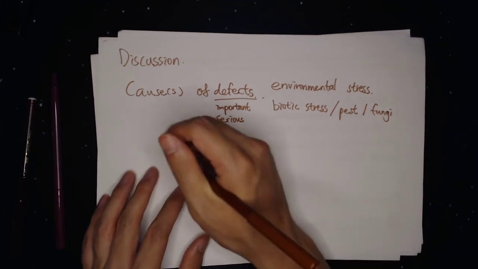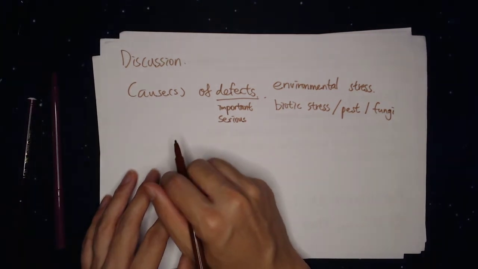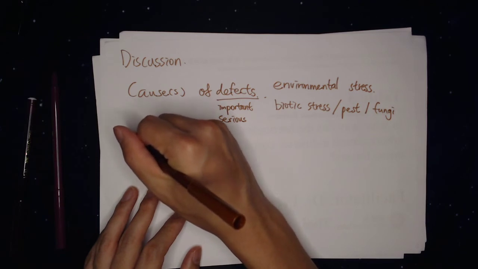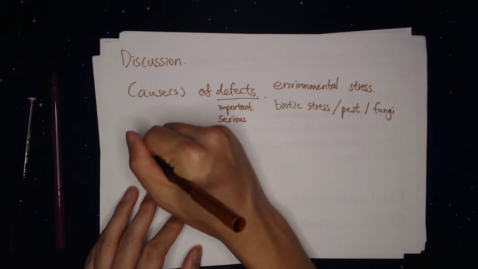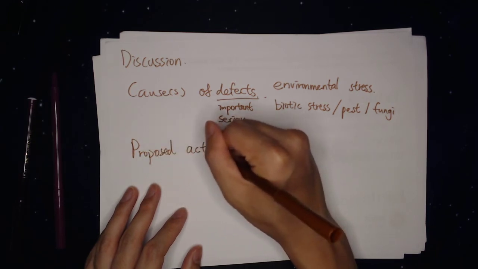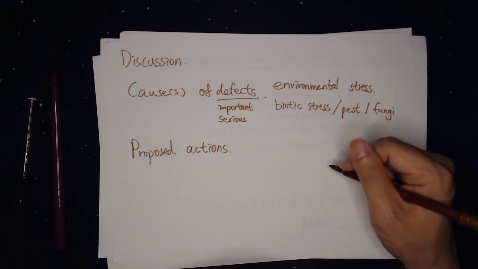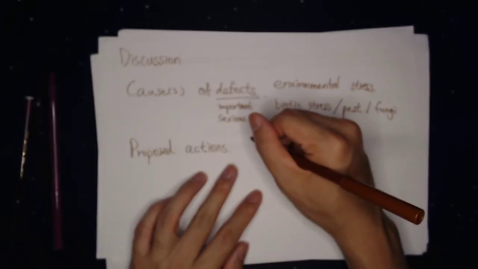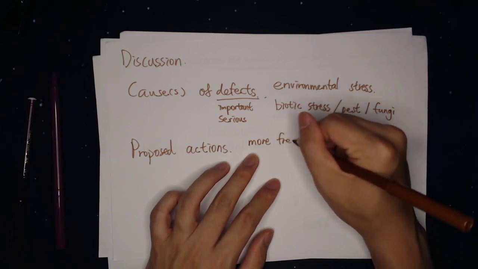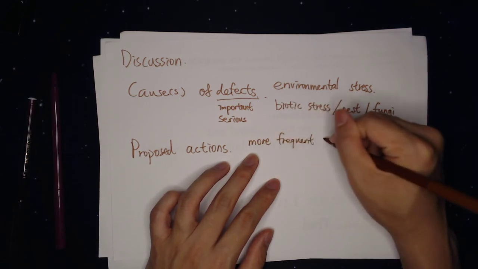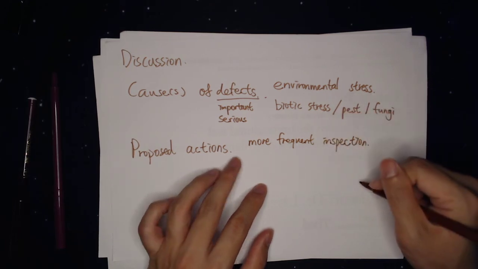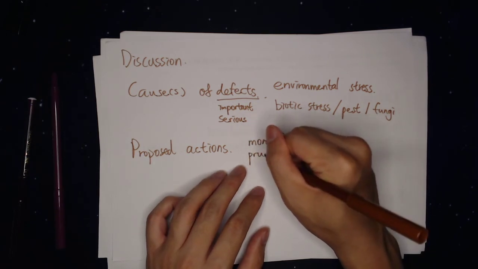After that, as you are assessing tree risk, you are expected to come up with some proposed actions. I can give you some examples here. Perhaps you may ask people to perform more frequent inspection. There could be other actions, for example, pruning.